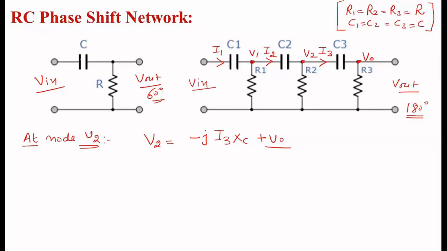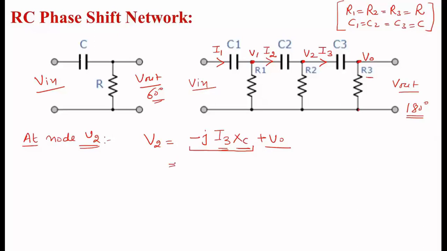To calculate V2, it is the sum of the voltage across the capacitor, where the reactance of the capacitor is XC and the current flowing through it is I3, plus the voltage across the resistance R3.